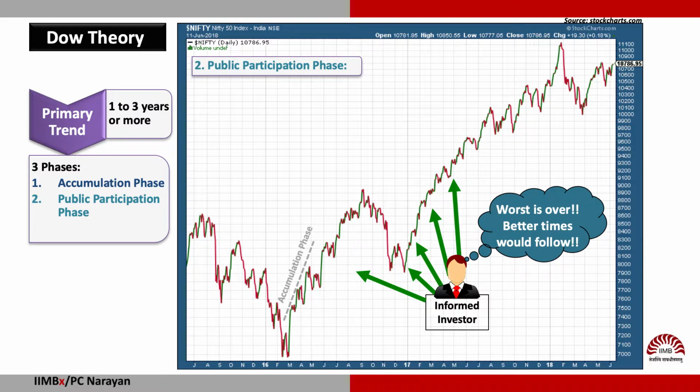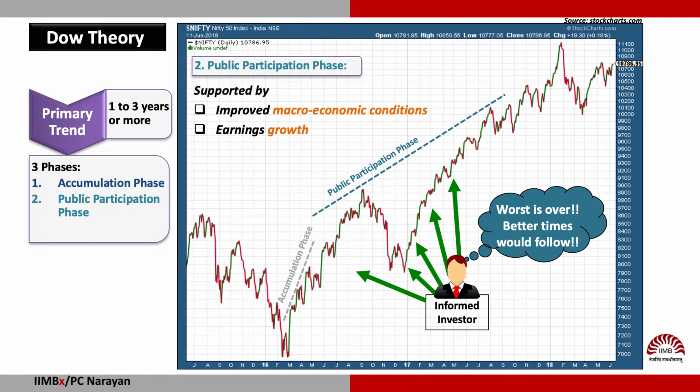Once this sentiment is perceived as being reasonably consistent, the market enters the second phase, which is the public participation phase. In this phase, negative sentiments start to disappear, supported by improved macroeconomic conditions and earnings growth. Once that happens, more investors enter the market, resulting in a sustained upward trend.